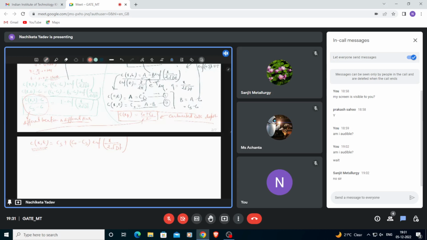So can you solve now? Cs plus C0 by 2, can you prove this equation in terms of xp?